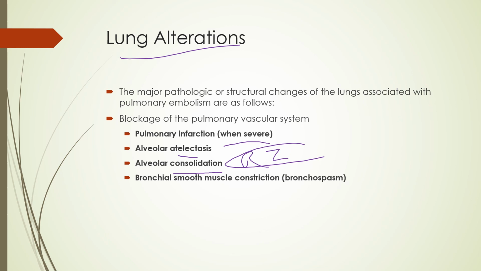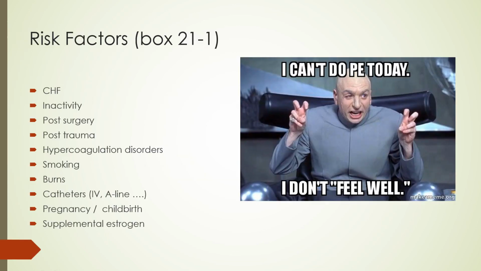Now sometimes hemoptysis can happen if there's a lot of necrosis going on, and with alveolar consolidation they can actually develop hemoptysis as well. So that's just something you might see out there. And then of course, bronchial smooth muscle constriction, also known as bronchospasm. Right, so these are the 4 things that can happen with a PE.